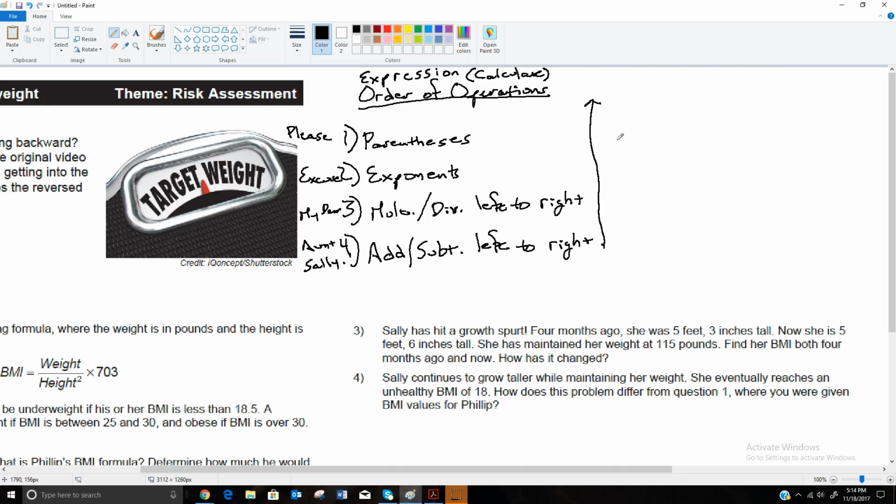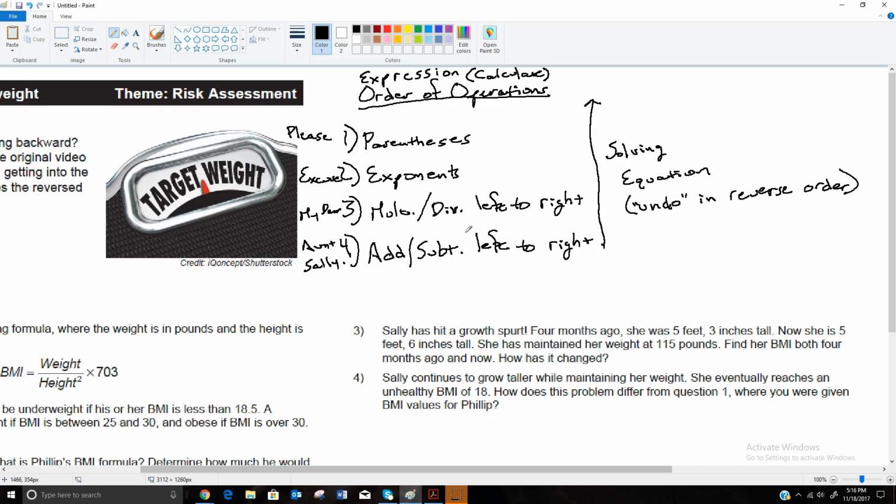So when you're solving an equation, you're going to undo these things in reverse order. So we're going to use this idea of the order of operations, but in reverse order.